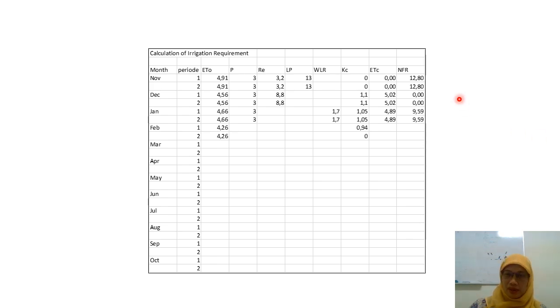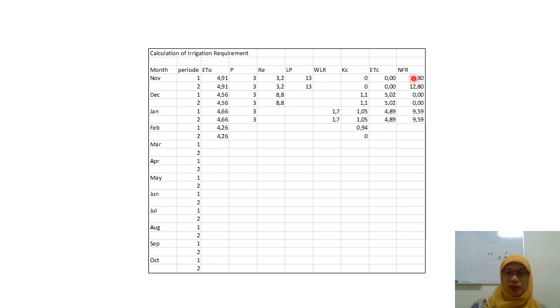Next, we will calculate the NFR, the net field water requirement. This comes from ETc plus P plus LP plus WLR minus RE.